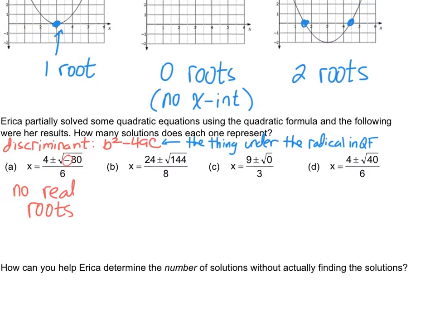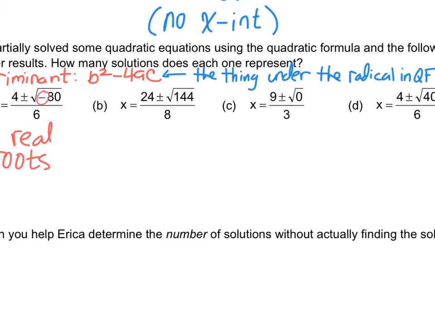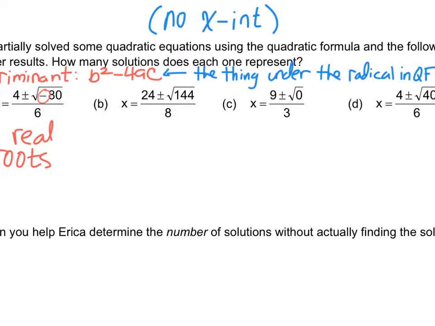All right, so the thing under the radical in the quadratic formula. When I was grading the tests in the last unit, it was a little surprising because I gave you the formulas, so if you just know that the discriminant is the thing that's under the radical, it's not a new piece of information that you need to memorize, you just need to know what to look for.